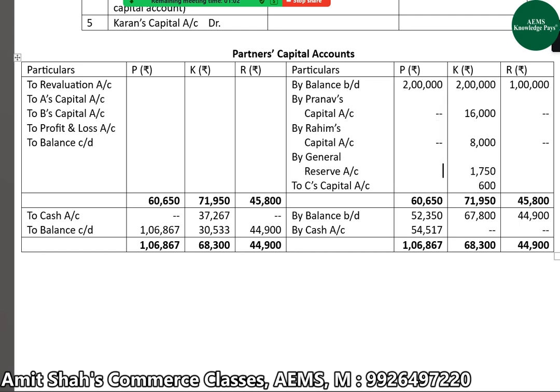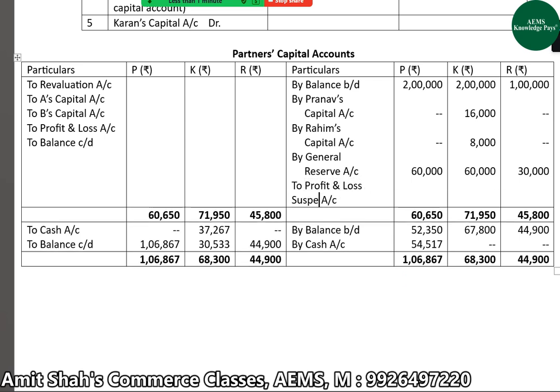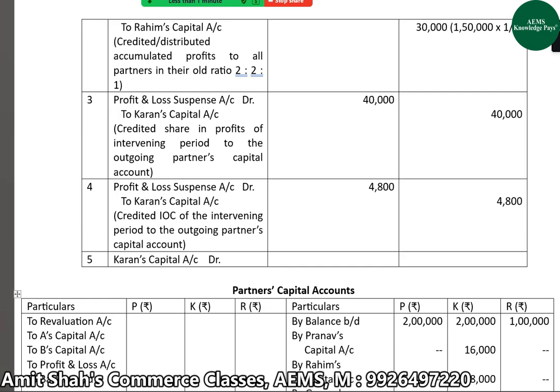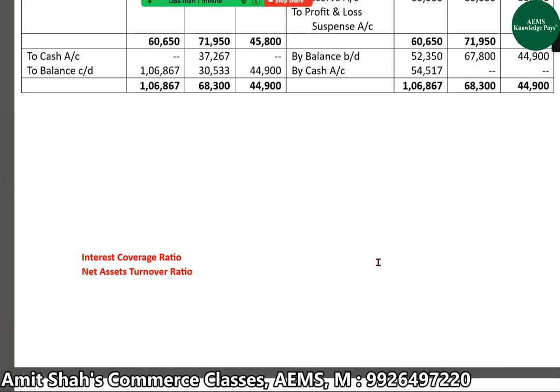Then we have general reserve 60,000, 60,000 and 30,000. Then we have profit and loss suspense account, and that is 40,000 and 4,800.